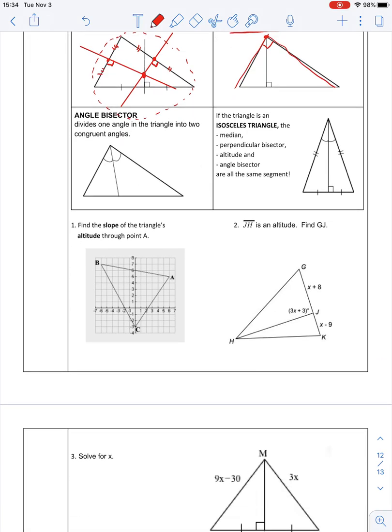Then we have our angle bisectors. Angle bisectors are bisectors that extend from the vertex, and it divides that angle into two equal pieces. Now we can do the same thing. We can split this angle into two equal pieces here. We can split this angle into two equal pieces here. And what you'll notice is that all three of those angle bisectors intersect.